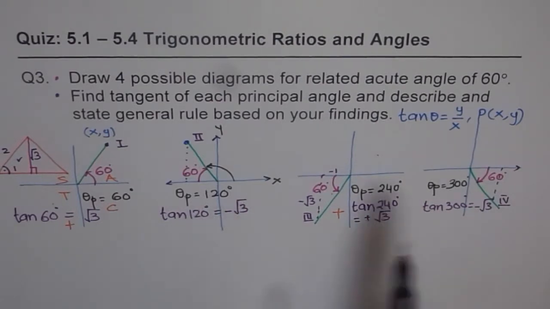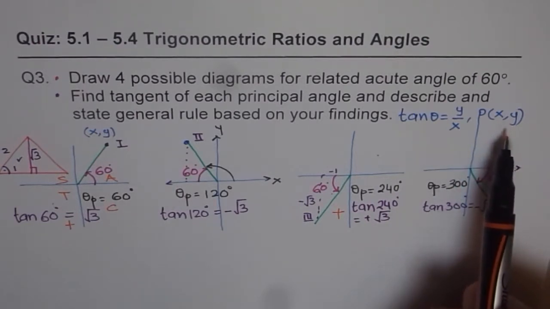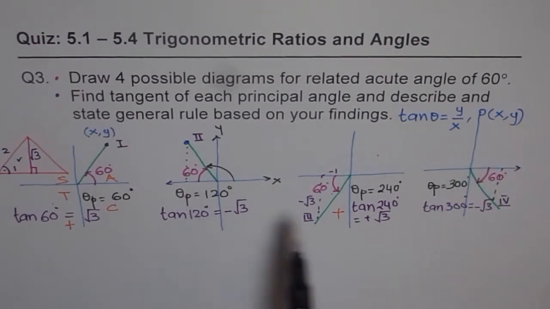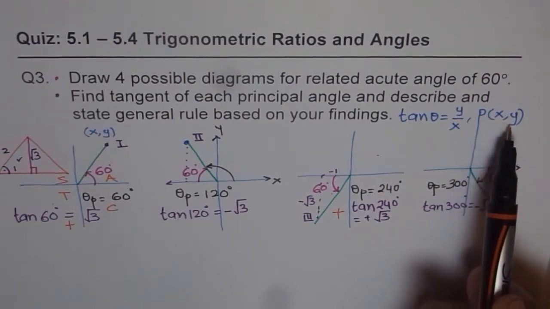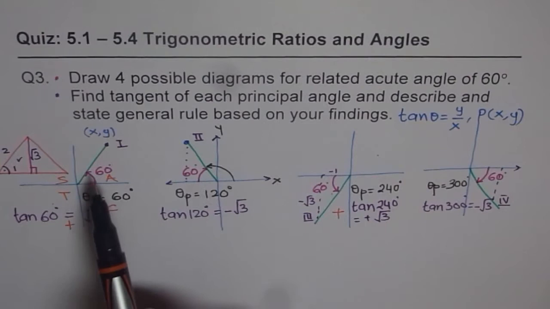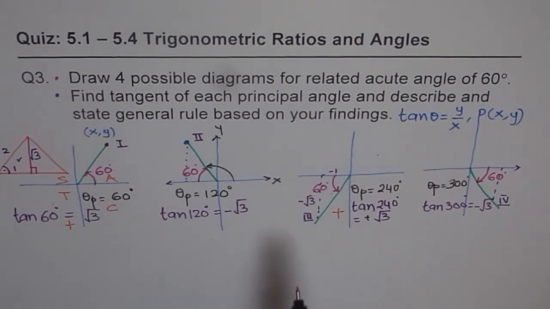Therefore, since x and y have different signs in quadrants 2 and 4, the tan value is negative. Since x and y have the same signs in quadrants 1 and 3, it has positive values. That could be another rule to explain why tan has positive values in quadrants 1 and 3 but negative in 2 and 4. So you can explain it with two rules here.